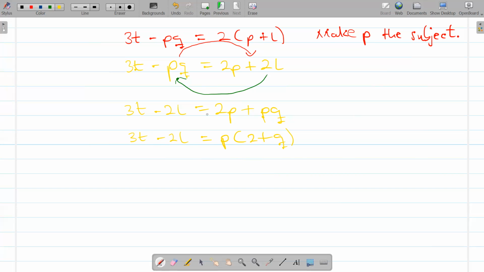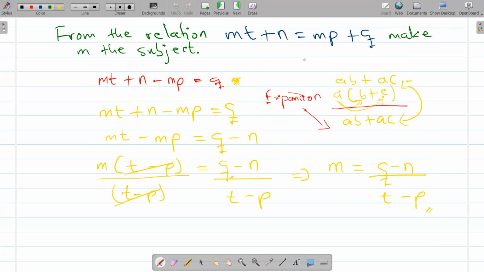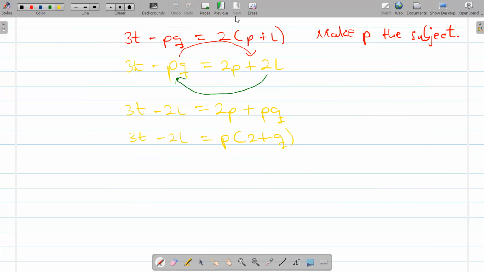Yes. So if I go to the previous page, you see it's like this. There is no bracket. Okay, MT and MP. So we don't need to even expand. We just have to group like terms. But when you look at the next page, you see there is P and we are factorizing P, and the P is in a bracket with a 2 outside.